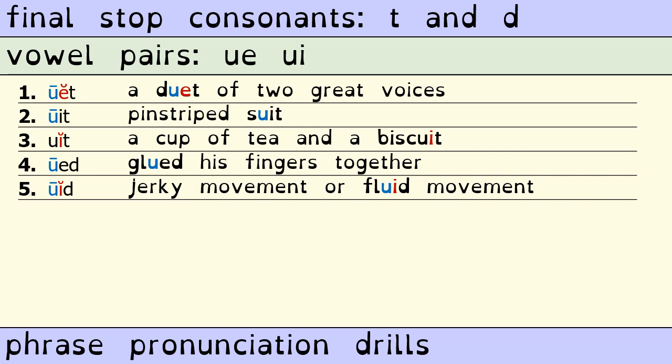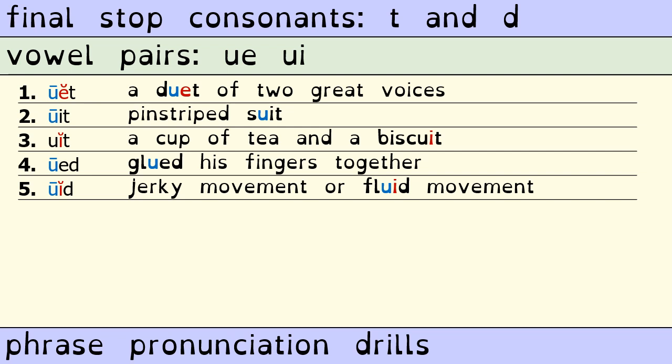Let's look at some phrases. 1. Uet. A duet of two great voices. 2. Uit. Pinstriped suit. 3. Uit.